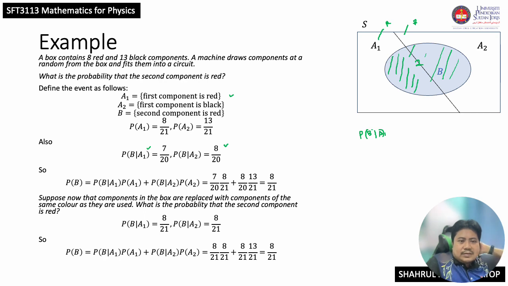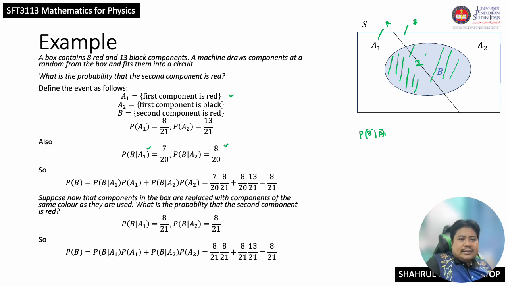The difference between 7 and 8 is because if the first one is also red, we lost one red. But if the first one is not red, the reds remain 8. So by using the total probability relationship, we get the probability that the second component is red as 8 over 21.